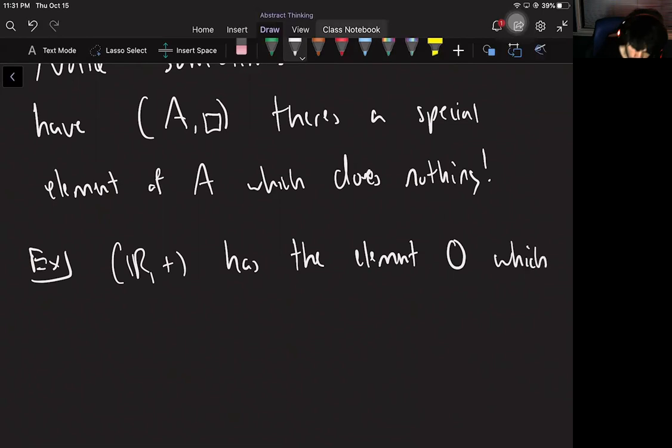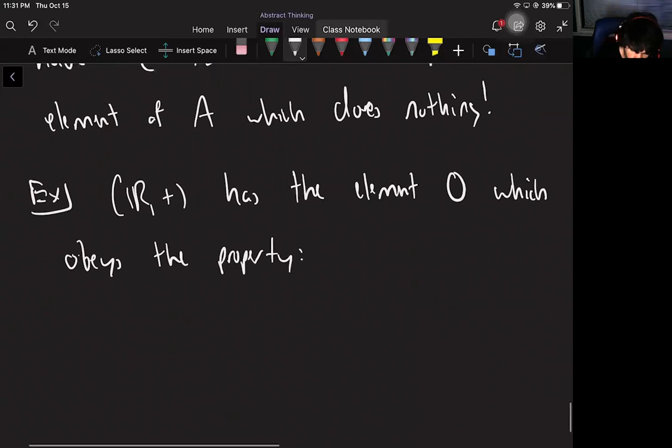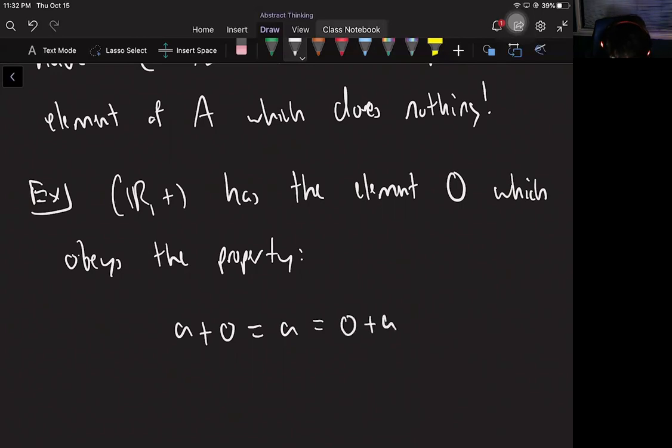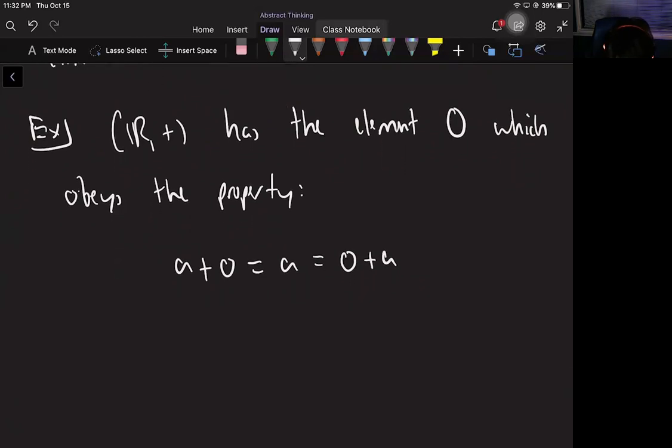Which obeys the property. So the property that I mean when I say does nothing is that if I use the operation with that element on any other element, it just doesn't do anything. I stick with A. In fact, I could do it in either order. So this is what I mean by does nothing.